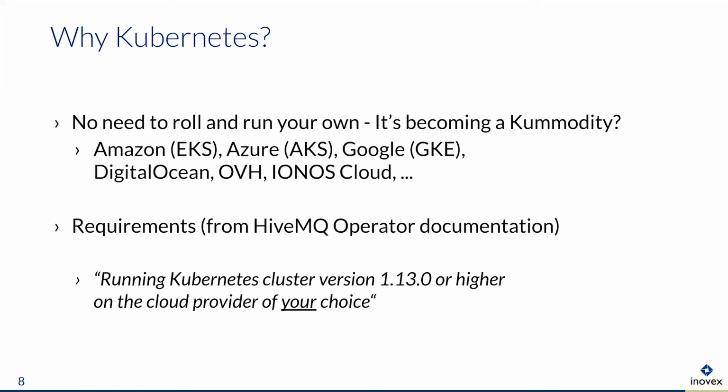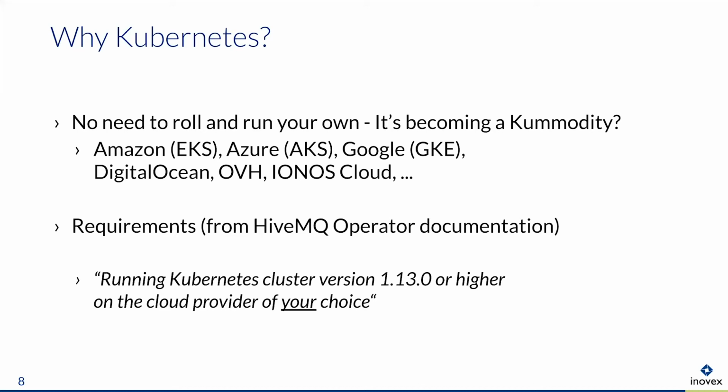But then nowadays there's no need to actually run your own Kubernetes cluster. Every big cloud provider, even the smaller ones, they offer a managed service. So you get your Kubernetes cluster managed. So that's not something that you would then, in exchange for being able to use this abstraction, have to deploy yourself.